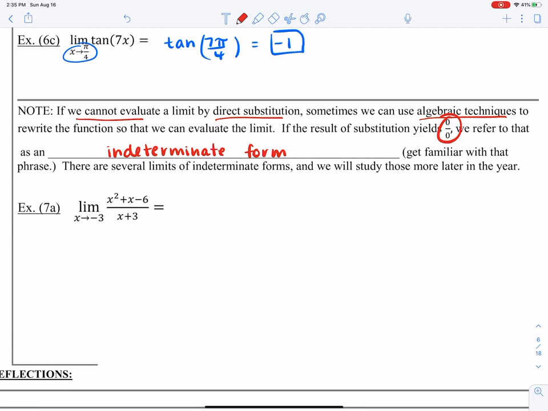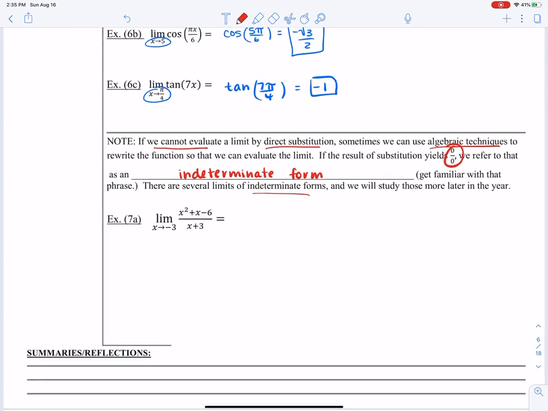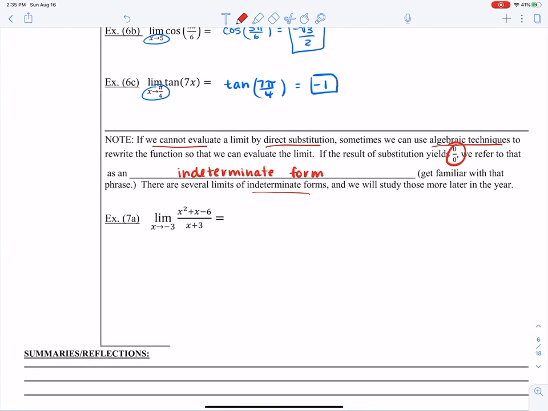It's a form where we don't really know what's going on. That's a phrase you're going to hear several times this year. There are other indeterminate forms that we'll talk about later in the year, but we're not going to get there yet.